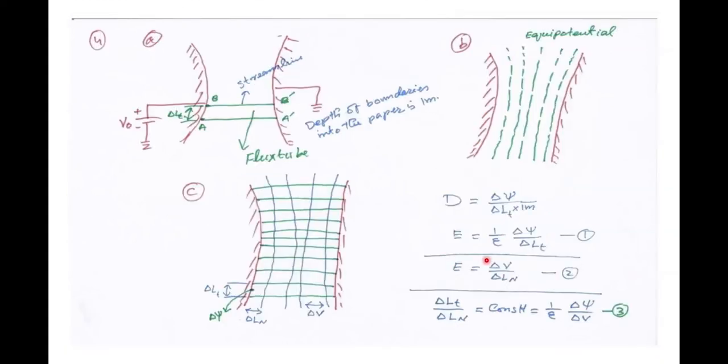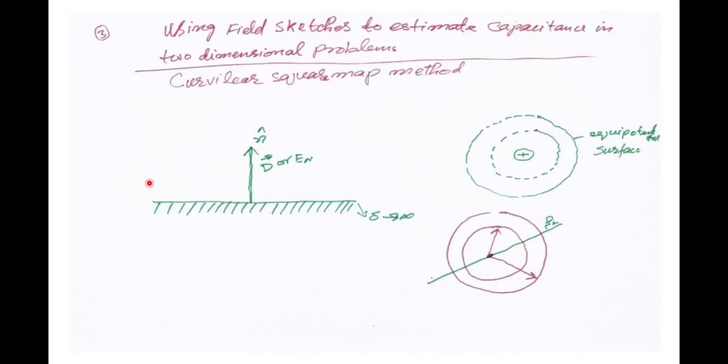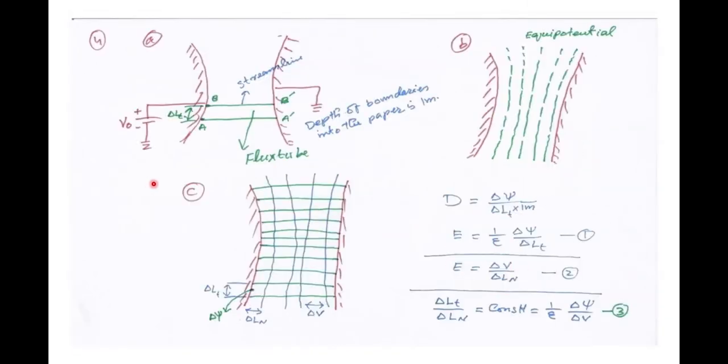Now let us come to the detailed discussion of what the curvilinear square map method, or the graphical method, is.